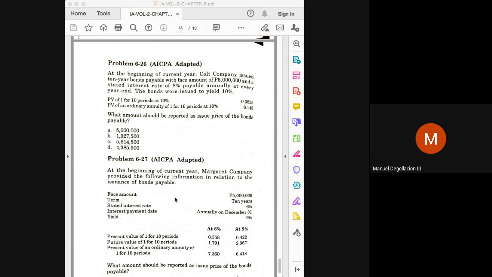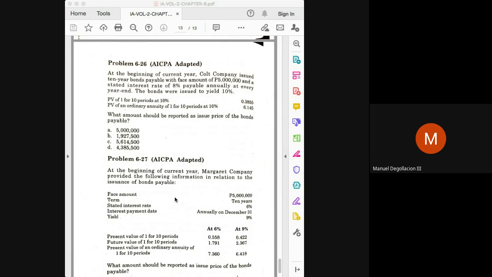Okay, so first compute for the periodic interest payment. How much is the periodic interest payment? You multiply the stated rate of 8% with 5 million, you would get 400,000. So every year for the next 10 years, you will be paying interest of 400,000. Okay, and by the end of the 10th year, you will be paying 5 million.